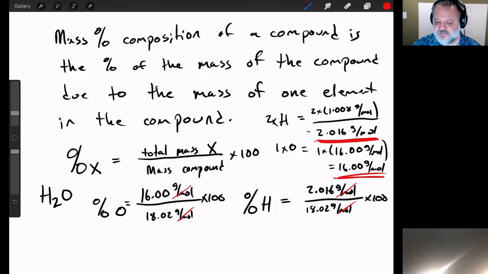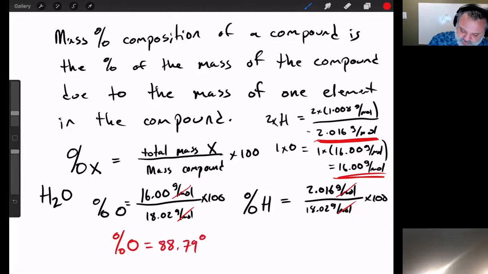What do you get? 16 divided by 18.02 times 100. This one is 88.79%. What about hydrogen? We could calculate it, right?